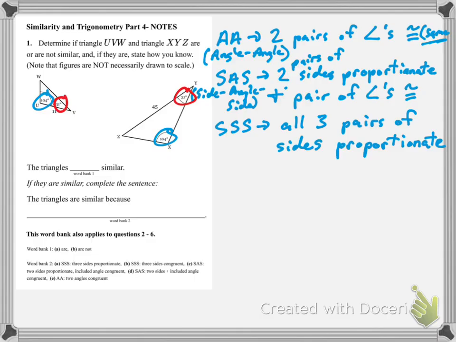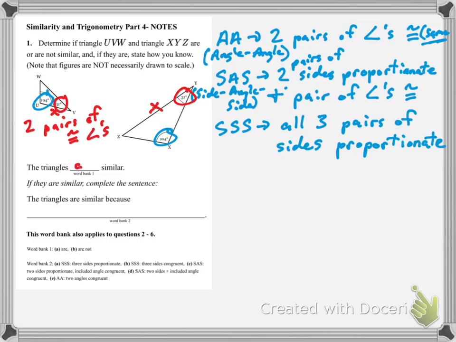So I have two pairs of congruent angles. By the way, these sides don't matter because we have two pairs of congruent angles.